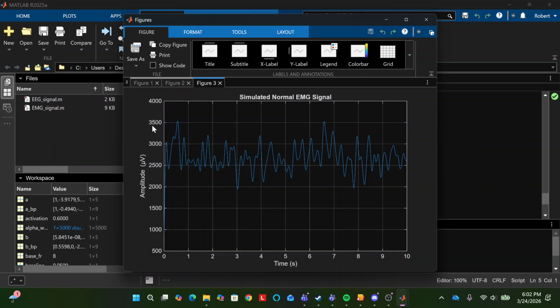So about 3,500 microvolts to, I think the lowest that we end up actually going is like 2,000 microvolts across the time span that we started with. So at 0, there's no muscle contraction, and then all of a sudden we're starting to read that there are muscle contractions and movements, and there is movement across the tissue. And as you can see, we're looking at these amplitudes changing.